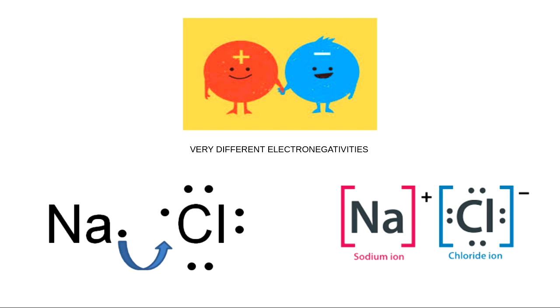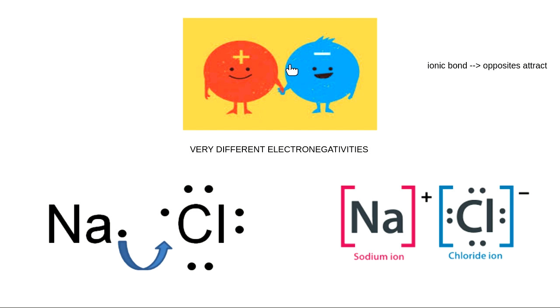The basis of these bonds is opposites attract. We've got something with a positive charge and something with a negative charge. The only thing that holds these two together is that you're positive and I'm negative, so we're attracted to each other. We're close to each other.